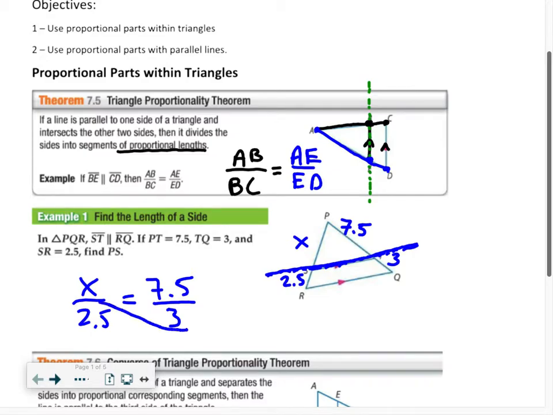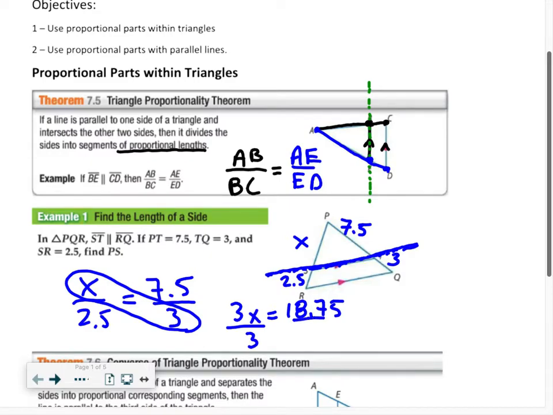Now we're just solving a proportion. 3 times x, 3x, and I need my calculator. As always, I'm not the arithmetic guy. What's 7.5 times 2.5? Well, that is 18.75.